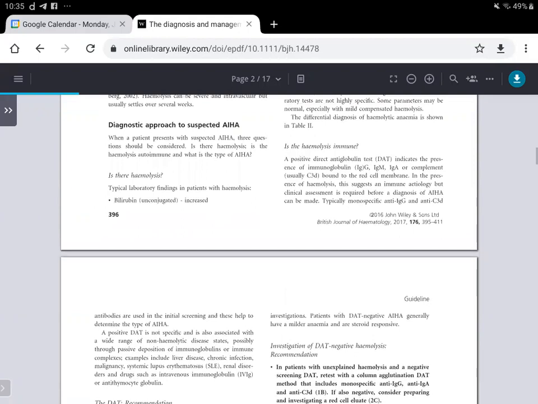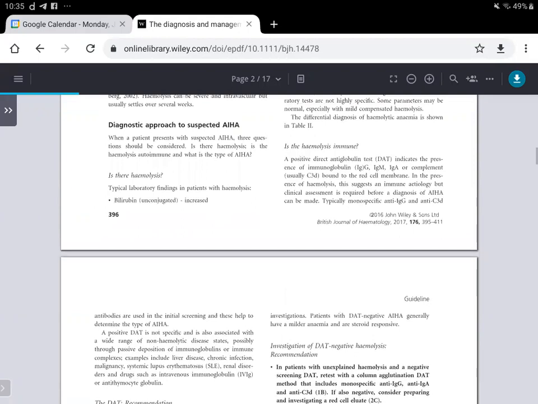In cold hemagglutinin disease, these are usually in the primary form. They are usually in the elderly, and they can present with the clinical features of cold-induced acrocyanosis and Raynaud's phenomenon. In the secondary causes, there will be an underlying disorder, mostly infections and autoimmune disease or the post-transplant setting.